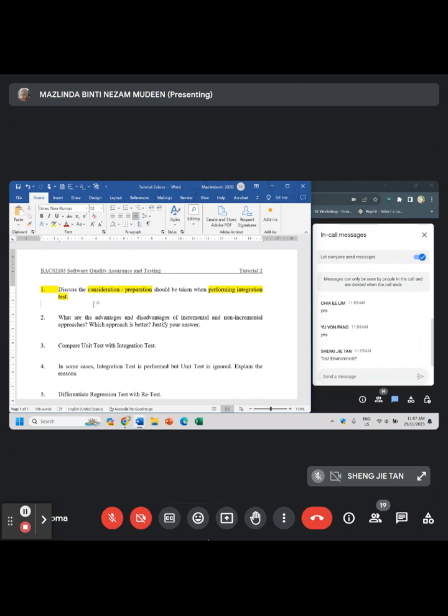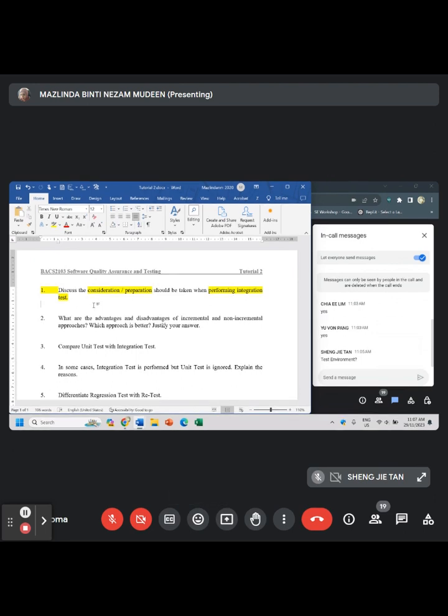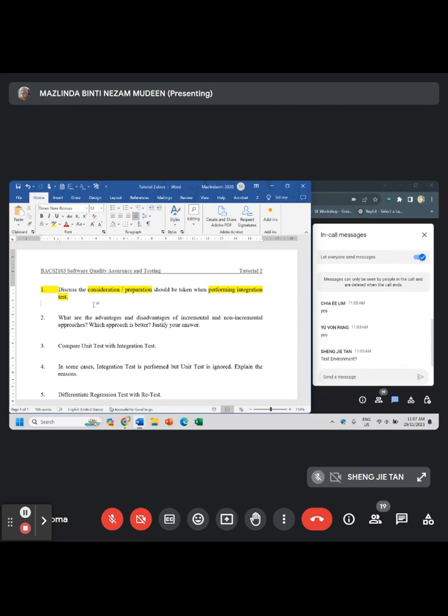But here we are doing integration test, and we are having a separate testing which is called higher order testing, which is on the integrated system. So the question is, when we want to perform the integration test, let's assume we are still in development.